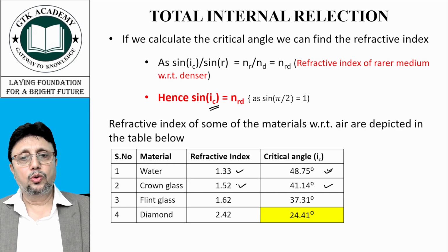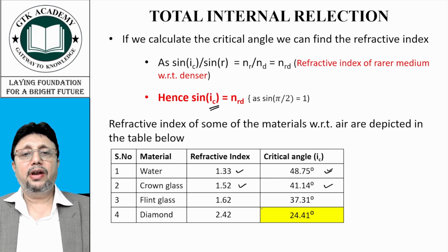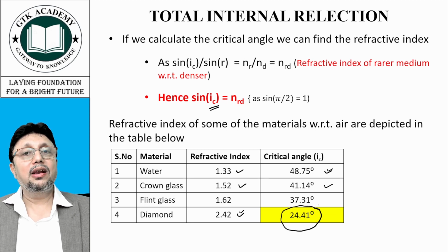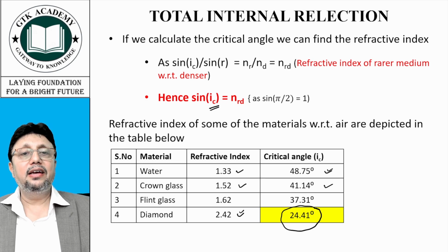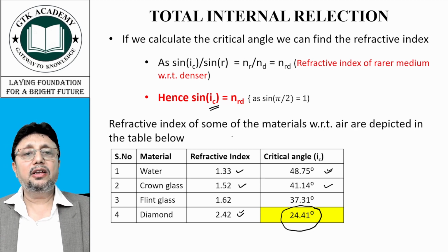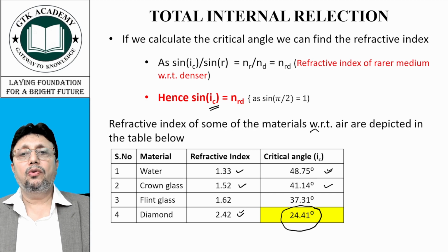But the thing worth noting here is that the refractive index of diamond is the highest, 2.42, and the angle is pretty small, 24.41, meaning very easily a lot of rays are going to be reflected back when they are traveling inside a diamond towards air. So these are refractive indices of materials with respect to air.